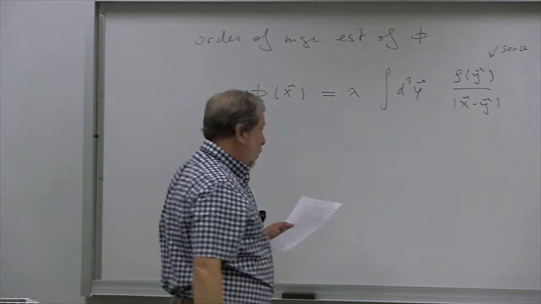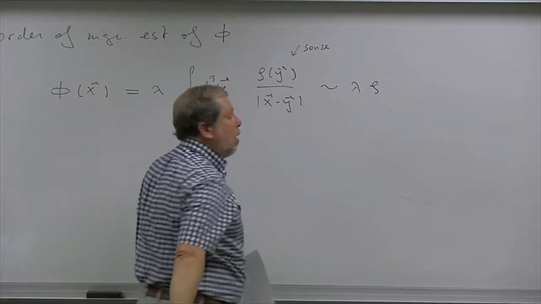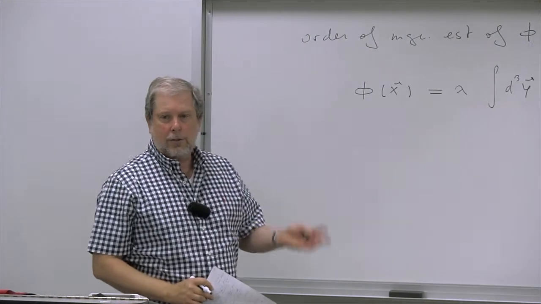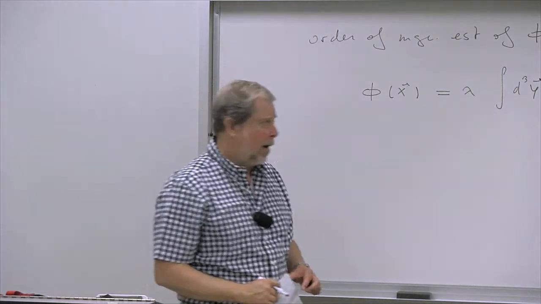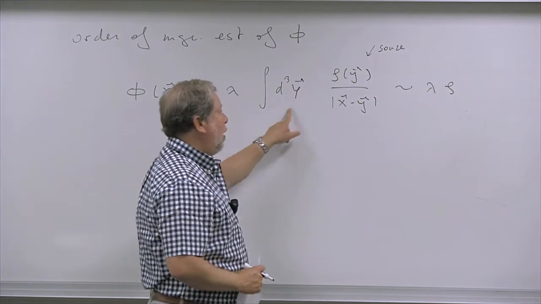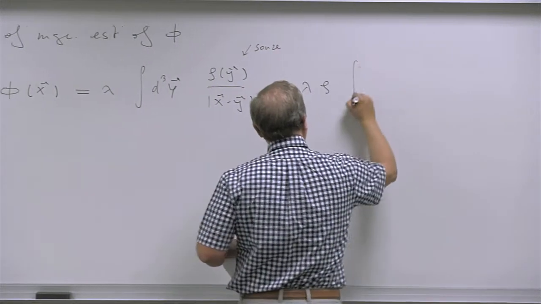And so we can write this as lambda times rho, because we are going to assume that this mass distribution is pretty much uniform, the same everywhere in the universe, which is okay to a first approximation. So we pull that out of the integral, and now we have just the integral d3x.